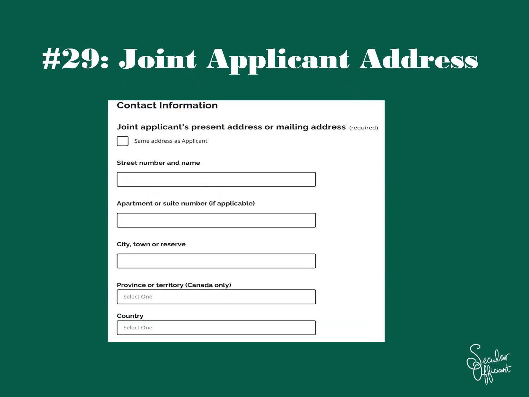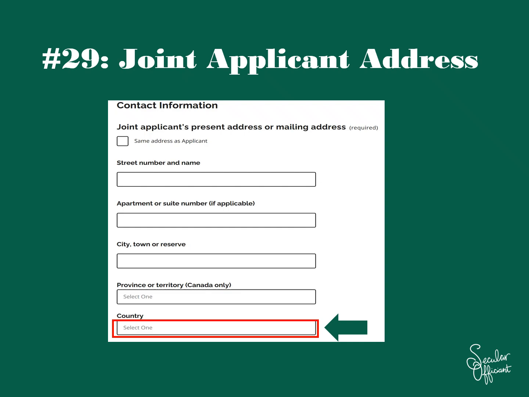Step 29 is inputting your partner's current address. Select a square box if your partner lives at the same address as you. If they live at a different address, include the street number and name, the apartment number or suite number if applicable, the city, town, or reserve. If they live in Canada, include the province or territory. The country will automatically indicate Canada when you select a province or territory.